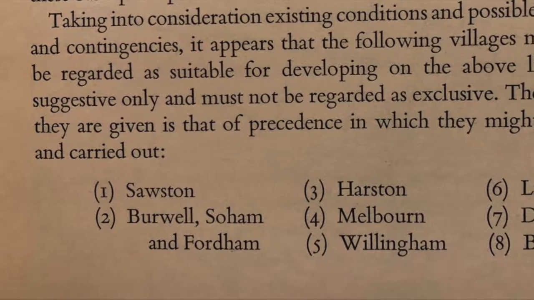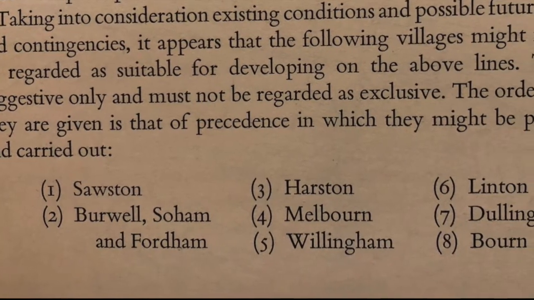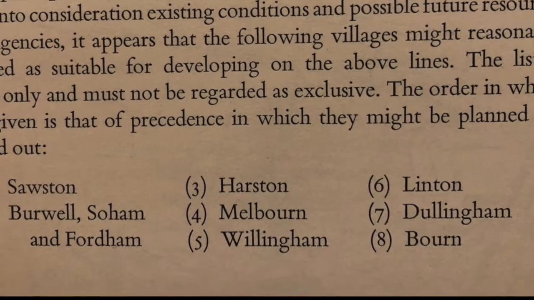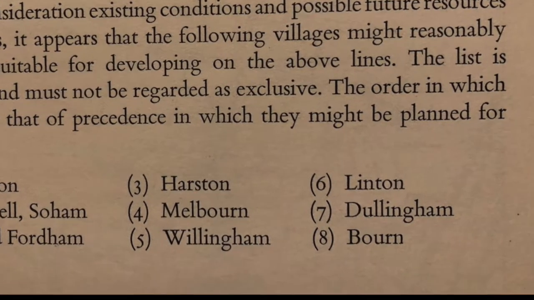We now move on to the proposed centres of development. Now, one of the proposals here was the development on Garden City lines of a number of villages, and you can see the ones listed here. Not everyone was in favour of garden cities, and I've come across a couple of books which basically said, amongst other things, that the population density in the grand scheme of things was actually too low.